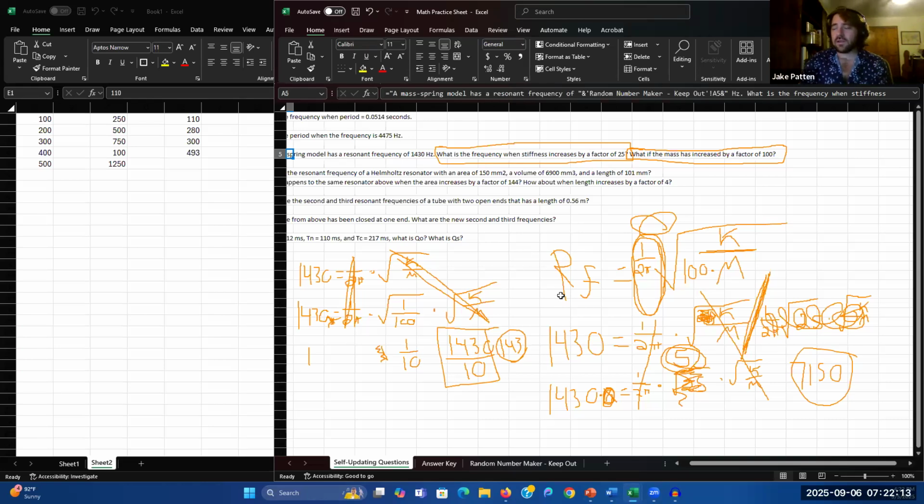You can also just show that it's 100 M, square root of K over 100 M, and then you can just say equals square root of 1 over 100 times square root of K over M, and then just move on to 1430 over 10.